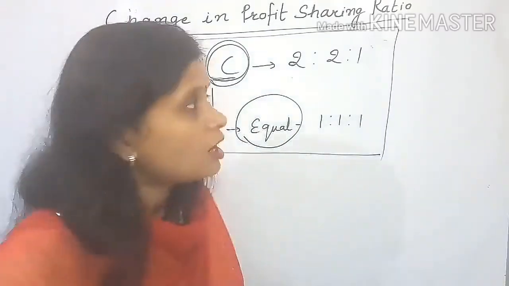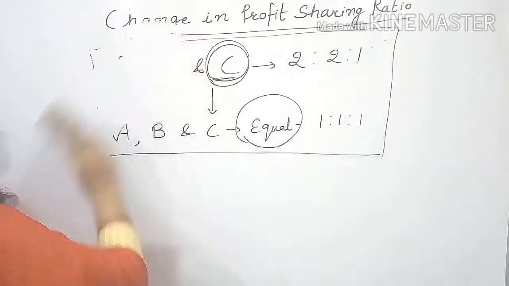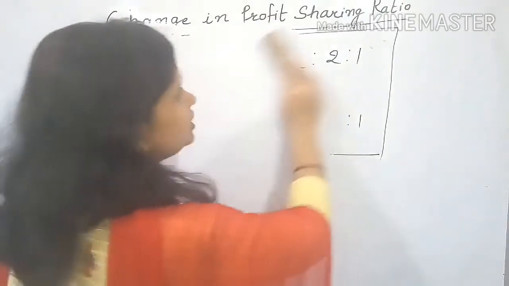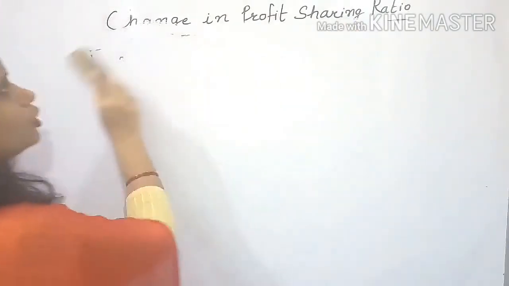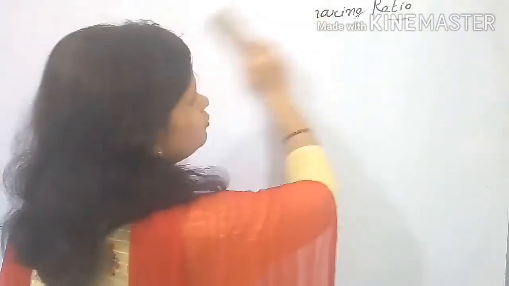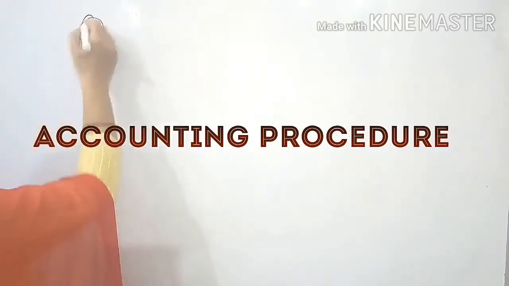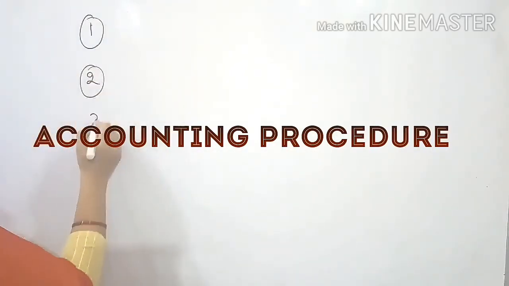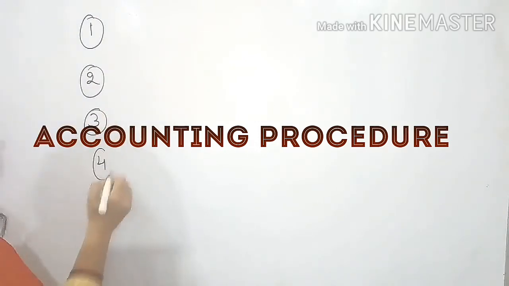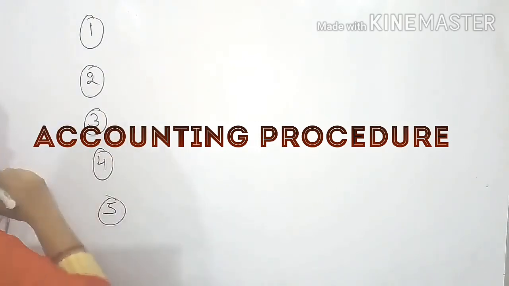Now, we will study the accounting procedure to be followed on change in profit sharing ratio. The accounting procedure involves a total of 5 steps.